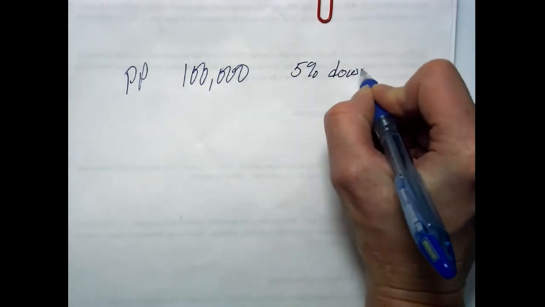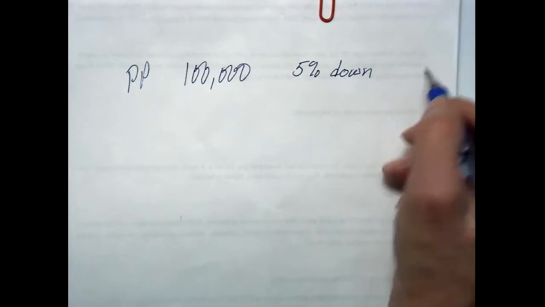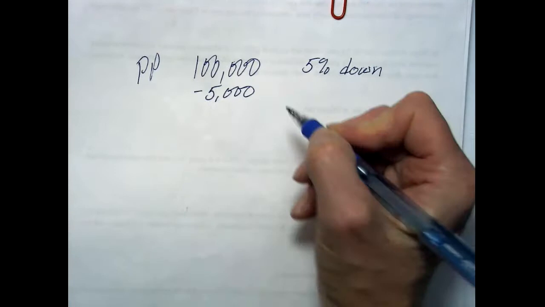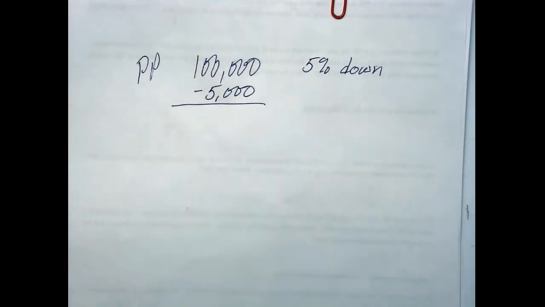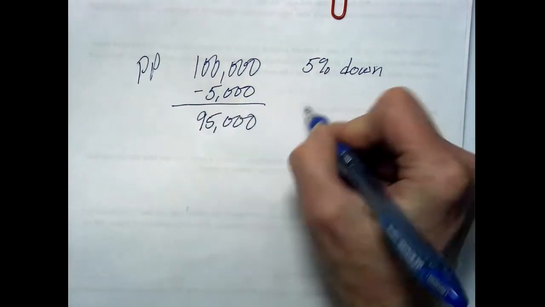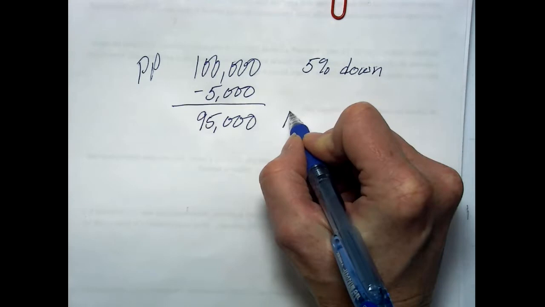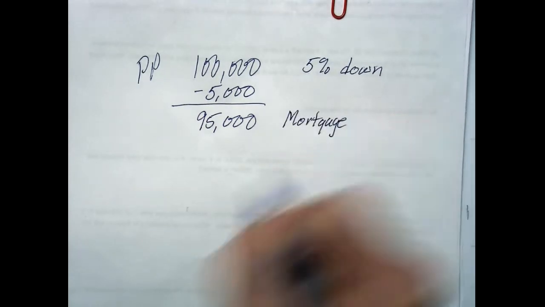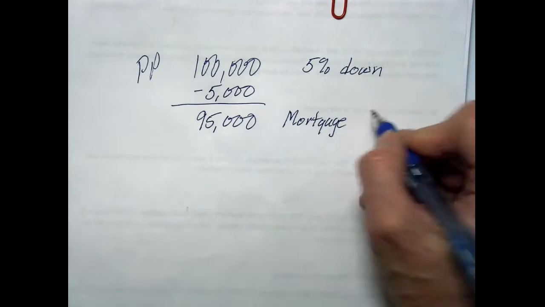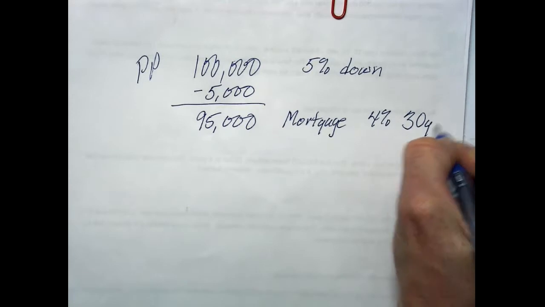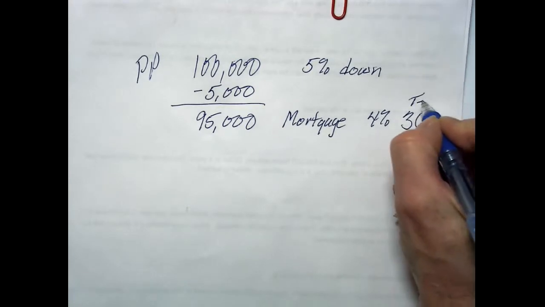Down, it could be referred to as a deposit, a down payment. That's $5,000. At closing, we're going to give the seller $5,000. So that means on the house we owe $95,000. We go to the bank and we've applied for a mortgage. That's the mortgage amount. Right now, mortgage rates are about 4%, and let's say the term, 30 years. That's how long? Term.